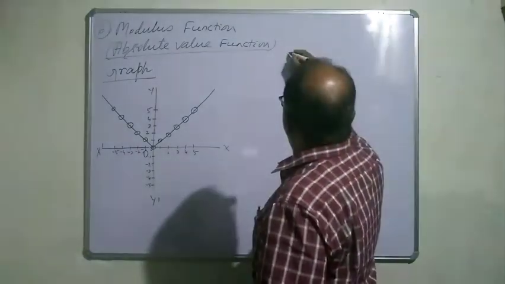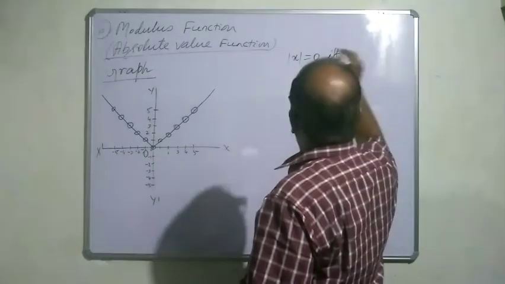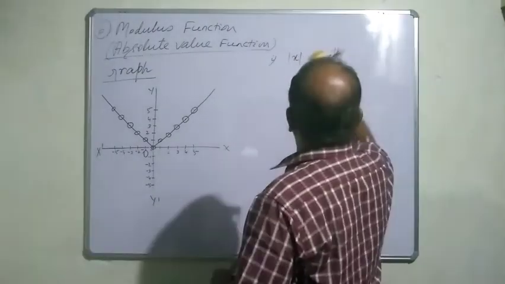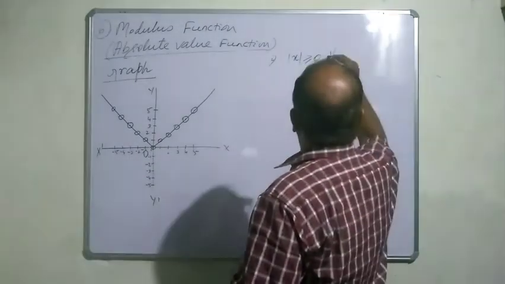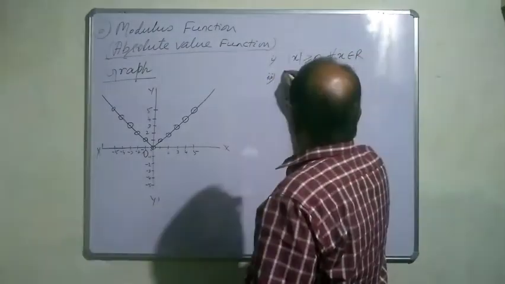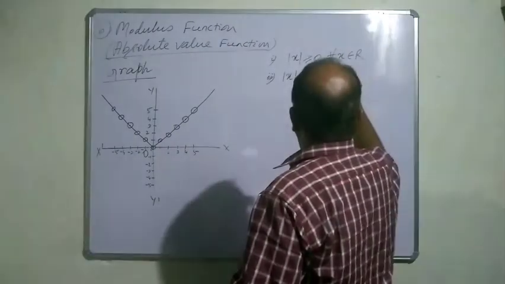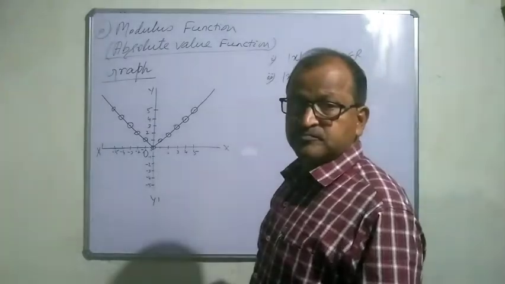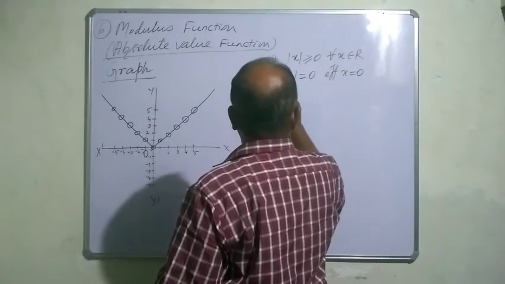Number 1, the modulus of x is always greater than or equal to 0 for all x belonging to R. Number 2, the absolute value of x is equal to 0 if and only if x is equal to 0.